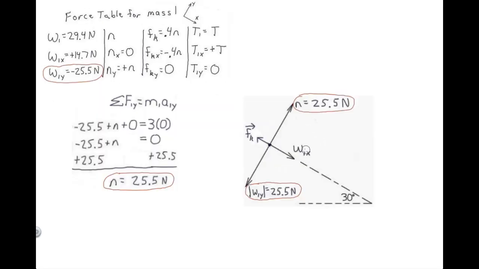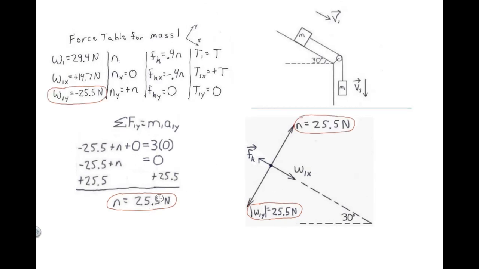So in this version of the free body diagram, I draw W1x pointing parallel to and down the incline, and W1y pointing perpendicular to and into the incline. Now, our result for the magnitude of the normal force is 25.5 newtons, which is the same as the magnitude of W1y. Does that make sense?